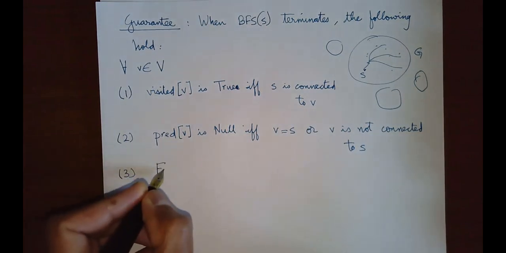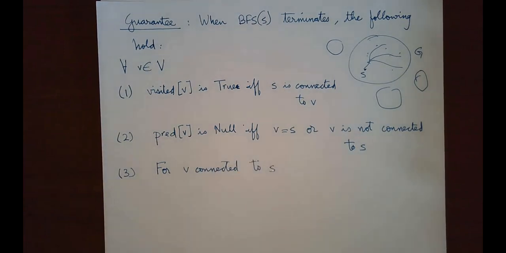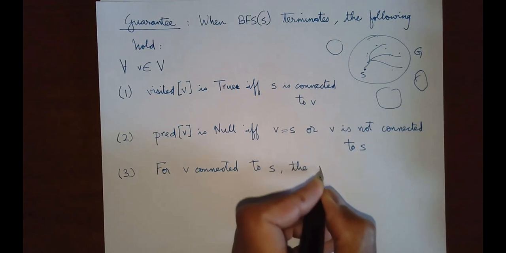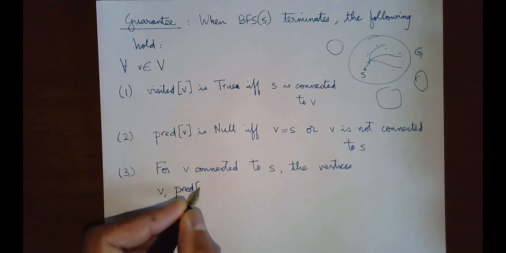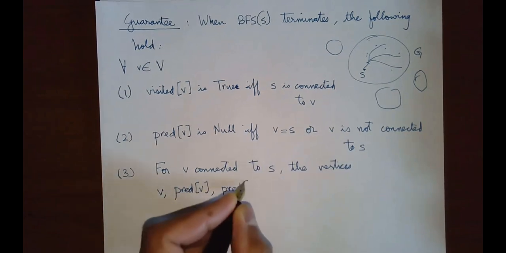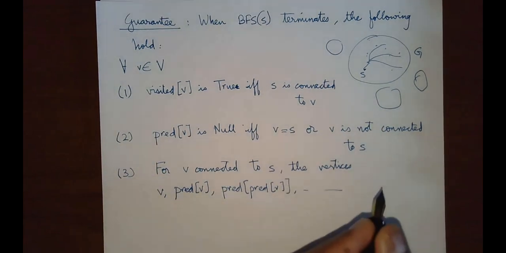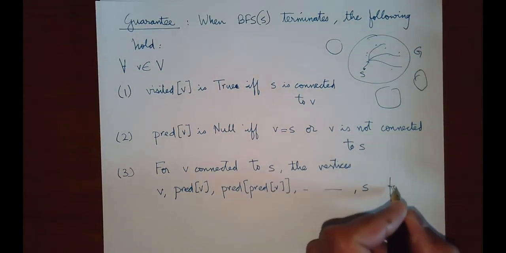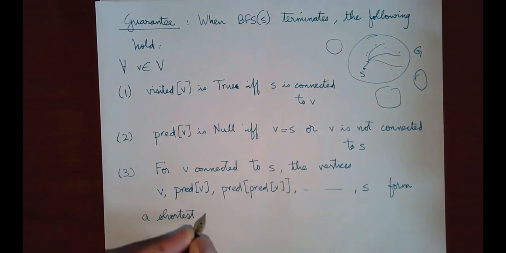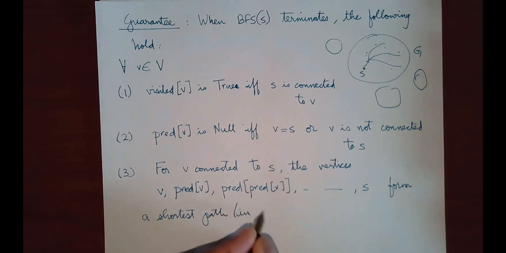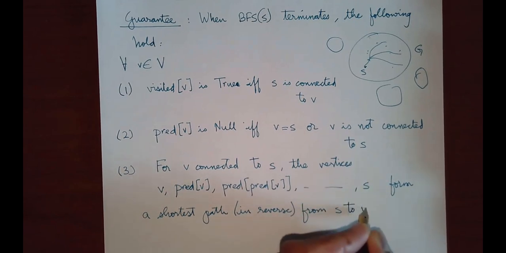Thirdly, for V connected to S, the vertices V, the predecessor of V, the predecessor of the predecessor of V, and so on and so forth, all the way going back to S, these vertices form a shortest path in reverse from S to V. Okay?